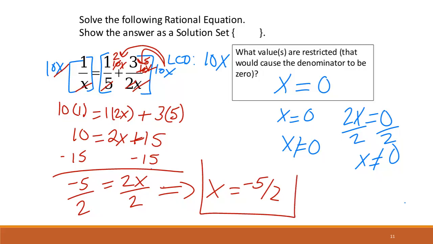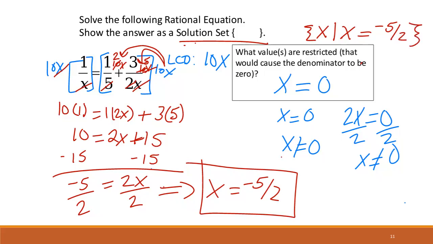It's not, so our solution is x equals negative 5/2. In solution set notation, if we wanted to write this as a solution set, we would write it as the set that contains x such that x is equal to negative 5/2. That's solution set notation.